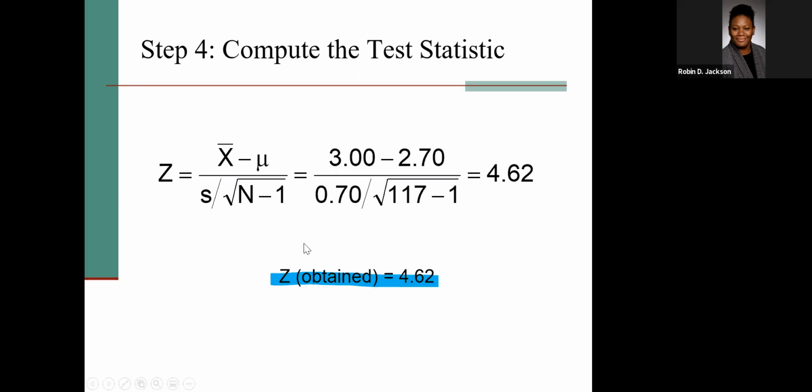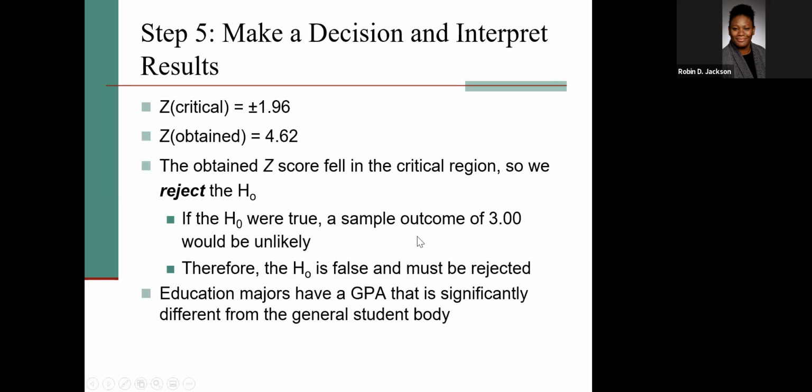All right, so step 5. Basically what I just did with that normal curve, that's essentially what happened here. Because we are looking at 2 different regions, because we are just looking at, is there a difference? We're not asking about a direction for that difference. That's why we have the plus or minus. So Z critical is plus or minus 1.96.